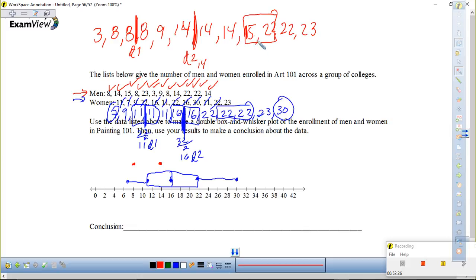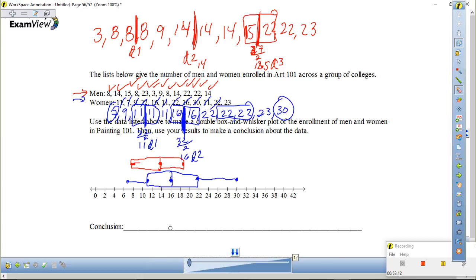Q3 is not 22. Very good. 37 divided by 2, it's 18.5. That's our Q3. 18.5 is about right there. Let me sketch my box. There it is.